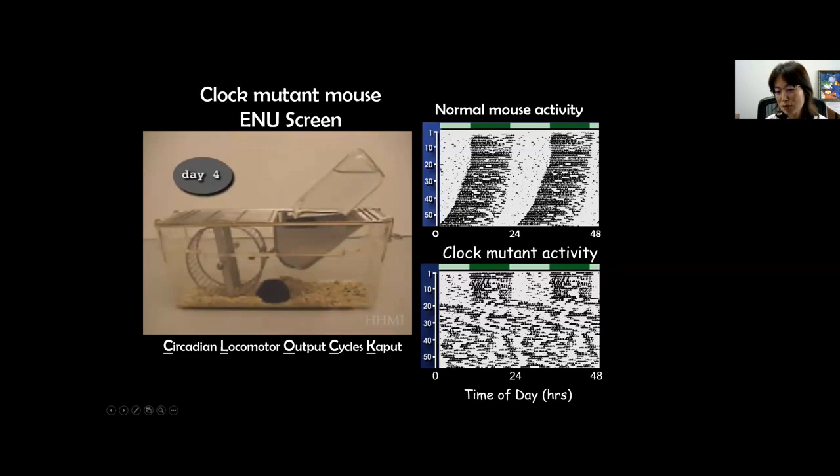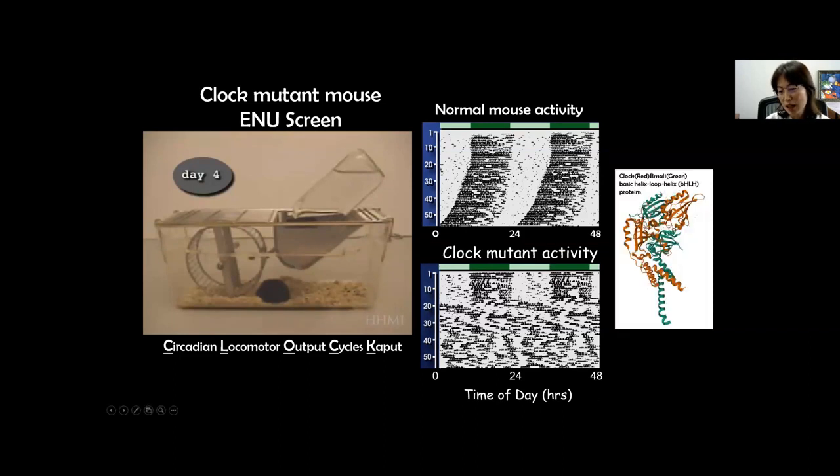And toward the end of the cycle, they become almost arrhythmic, because you can only lengthen so much and then it becomes arrhythmic. And many years later, Joe crystallized this Clock gene, and it was a transcription factor, a basic helix-loop-helix protein, which heterodimerizes with another clock gene, BMAL1, and regulates circadian transcription regulation.